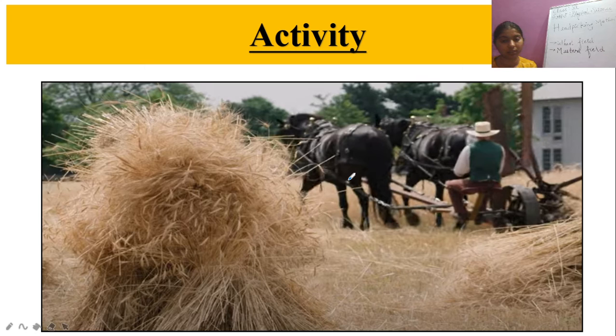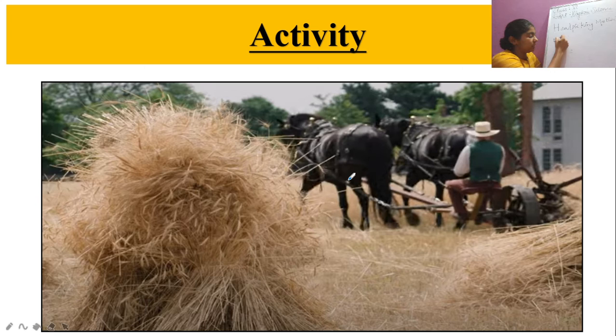Yes. So basically this person is working in the wheat field area, right? What he is doing, he has two black horses and one machine.